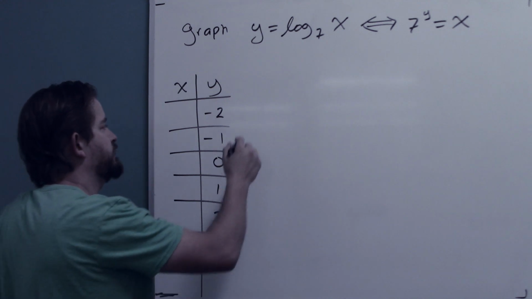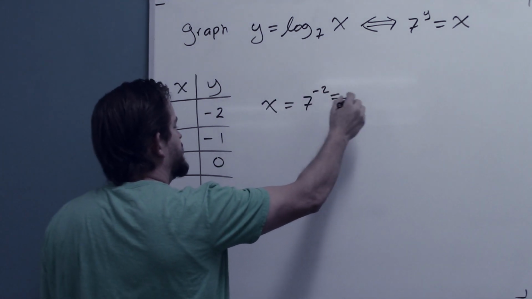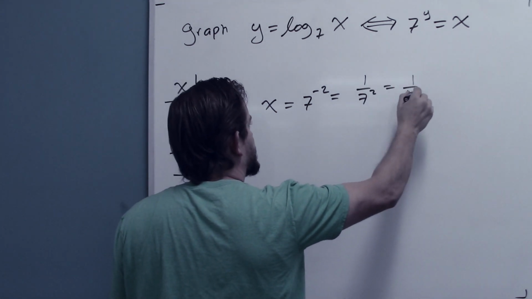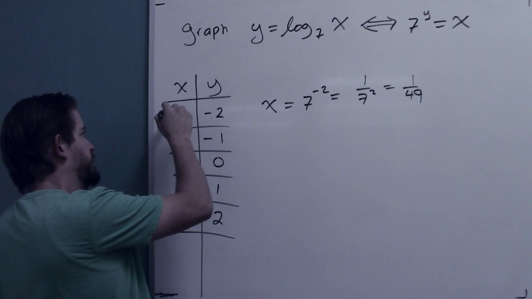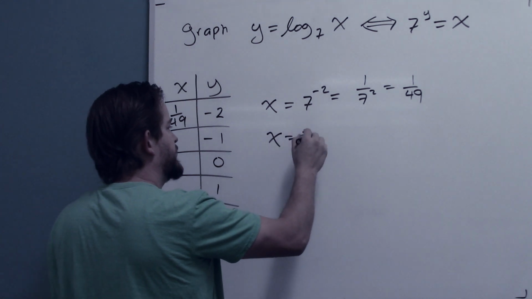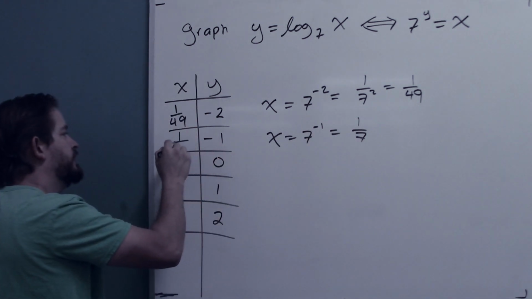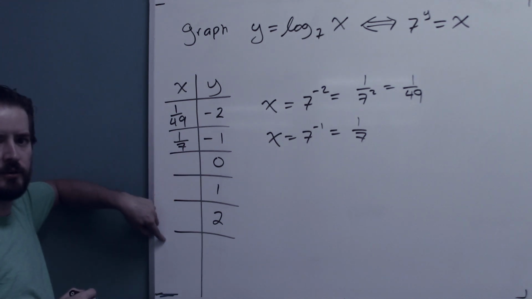If y is -2, then x is 7 to the -2, which is to say 1 over 7 squared, or 1 over 49, right? If y is -1, then x is 7 to the -1, which is just 1 over 7. And again, we see this exponential increase in my x.